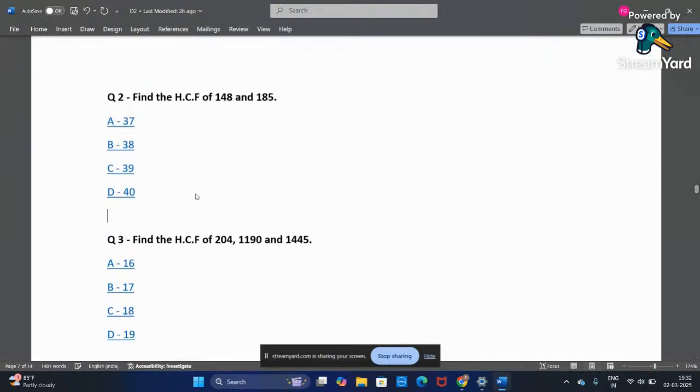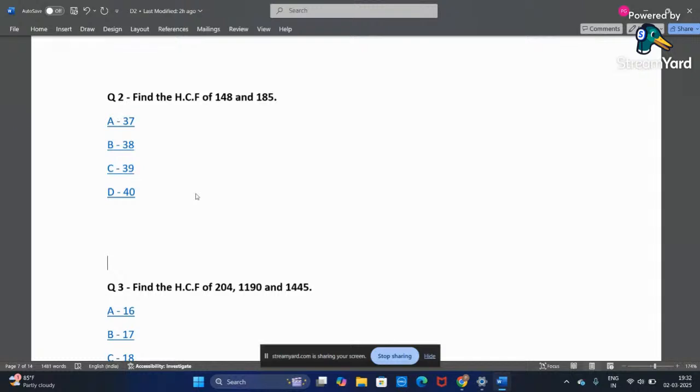Try for this and tell me fast. In this, you have to find the highest common factor. Same way for 148, what are the numbers you're getting?